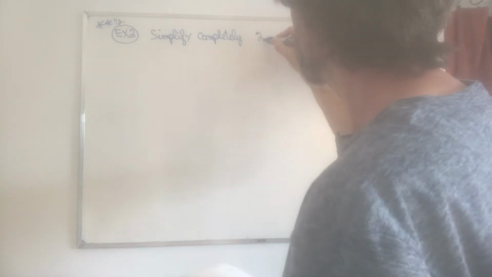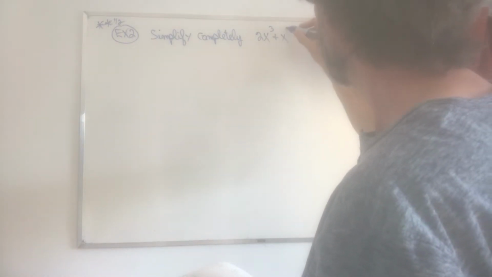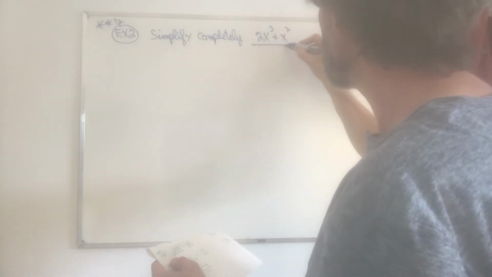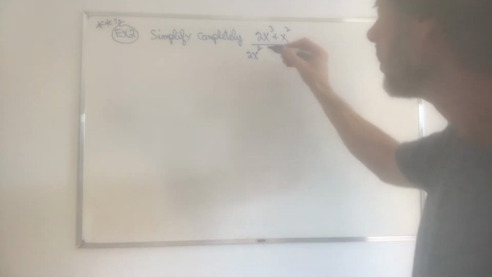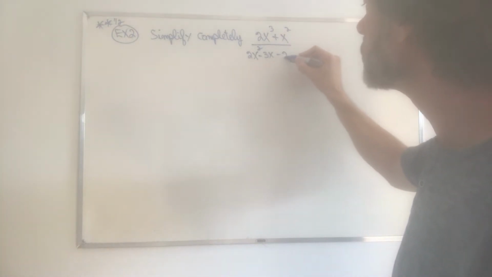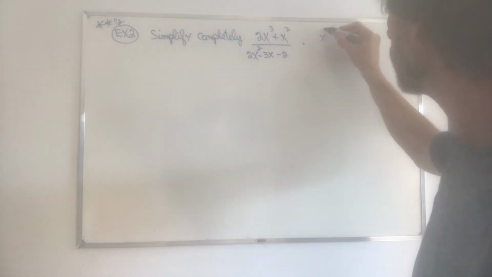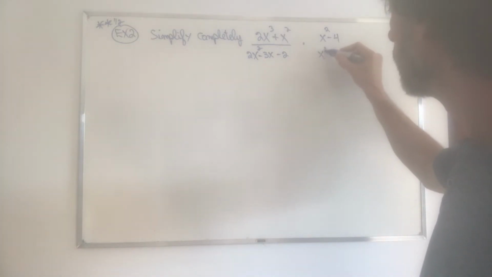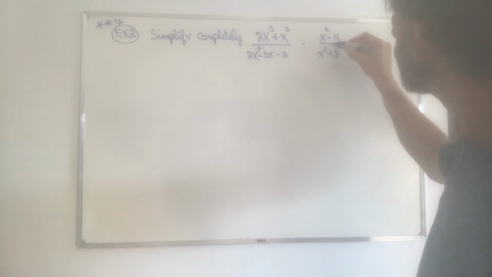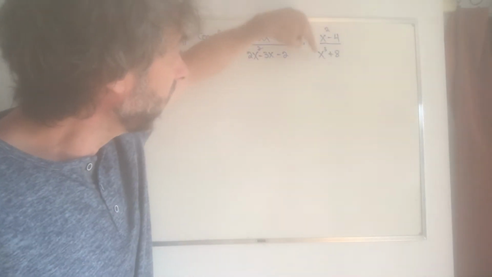Simplify completely: (2x³ + x²) over (2x² − 3x − 2), all multiplied by (x² − 4) over (x³ + 8).